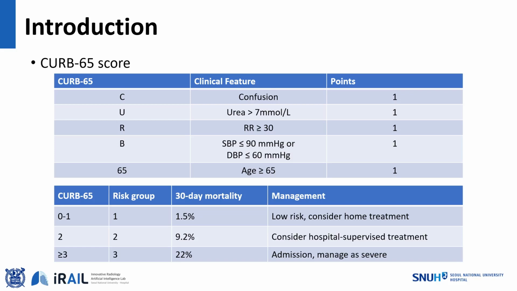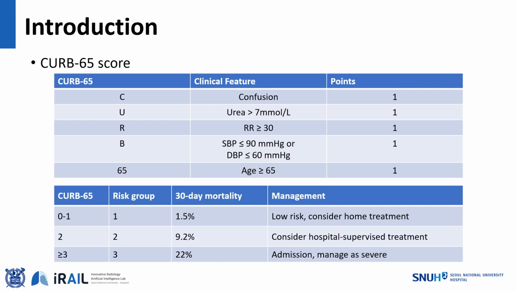Since the Government of the Republic of Korea recommended that the CURB65 score be used to assess CAP severity and monitors its utilization in institutions across the nation, the CURB65 score at the time of pneumonia diagnosis was consistently documented.